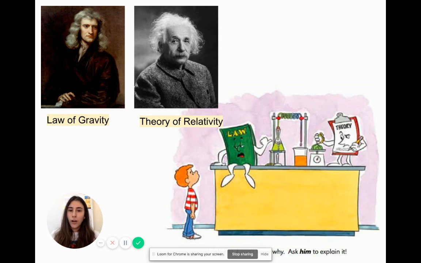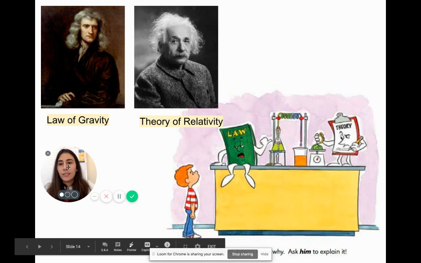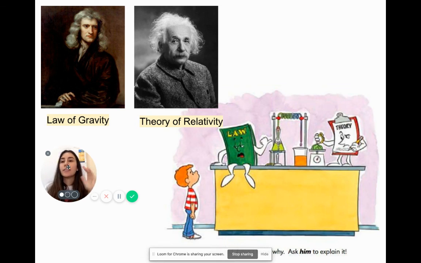Okay, so the law of gravity, we all know that it was discovered by Sir Isaac Newton, and it is a law, meaning that he doesn't need to explain how gravity exists or why it exists. He just said gravity exists. And if you don't believe me, you can try jumping from a building and you'll see the effects of that, right? No one's gonna do that, because we will see the effects of gravity in play. Whether we believe it or not, it's there.